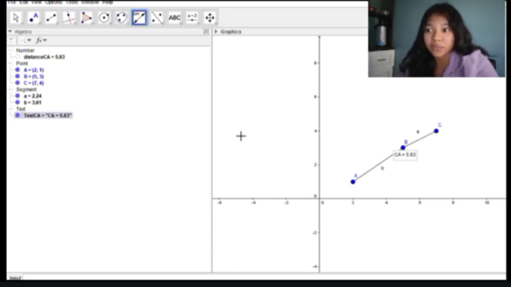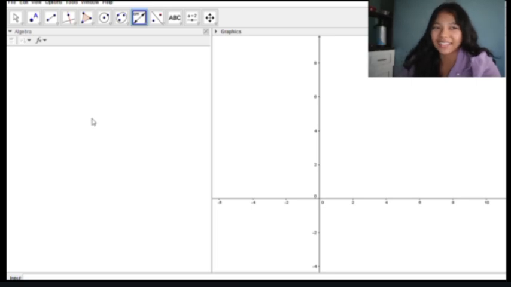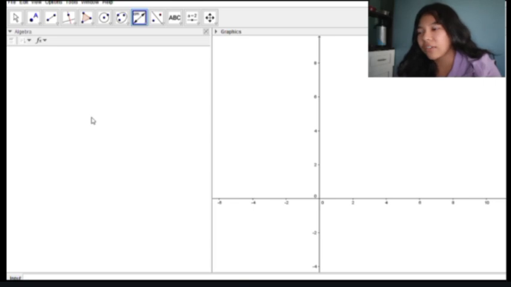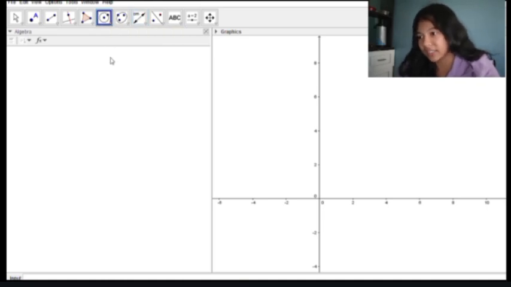Can I ask you what is an equilateral triangle? That's right. It's a triangle that has 3 equal sides. So how can we graph that in our GeoGebra? Well, it's easy.